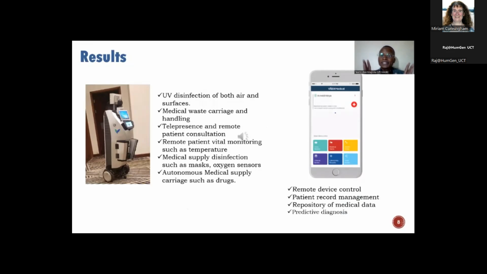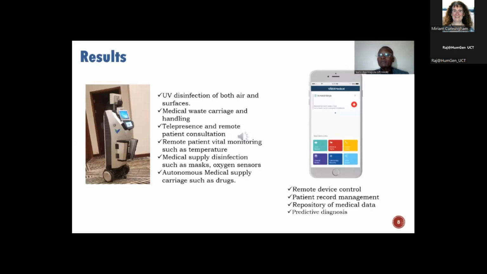It has medical supply disinfection, such as masks and oxygen sensors, and it has an autonomous medical supply carriage. Our device is also autonomous, but can also be remotely controlled. And it has patient record management with a repository of medical data. And finally, our system does predictive diagnosis, especially cancer diagnosis.